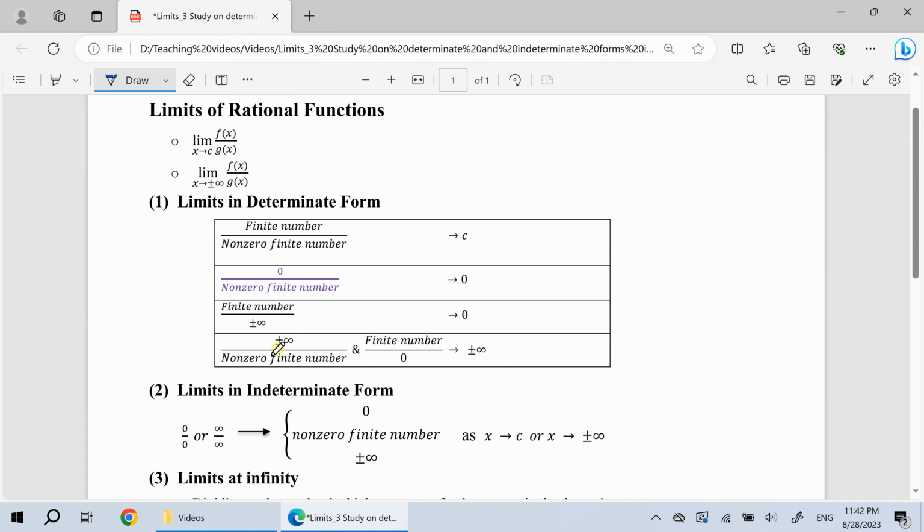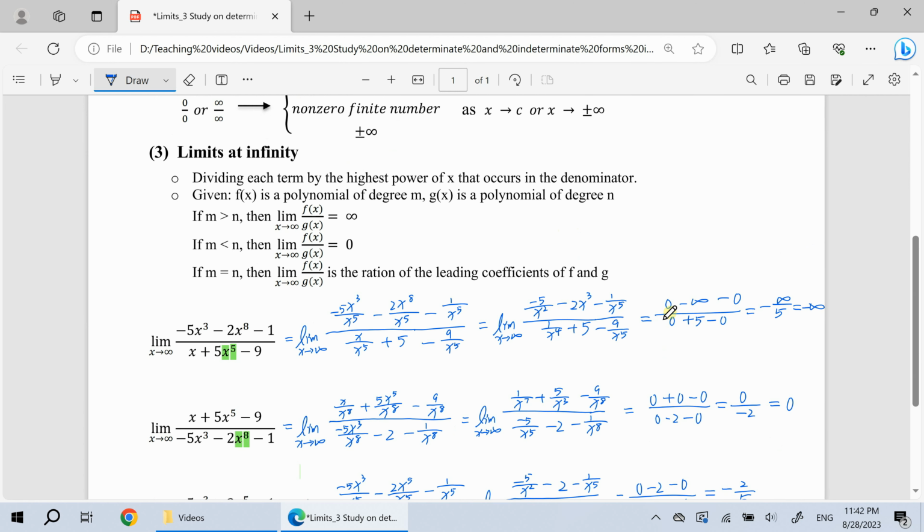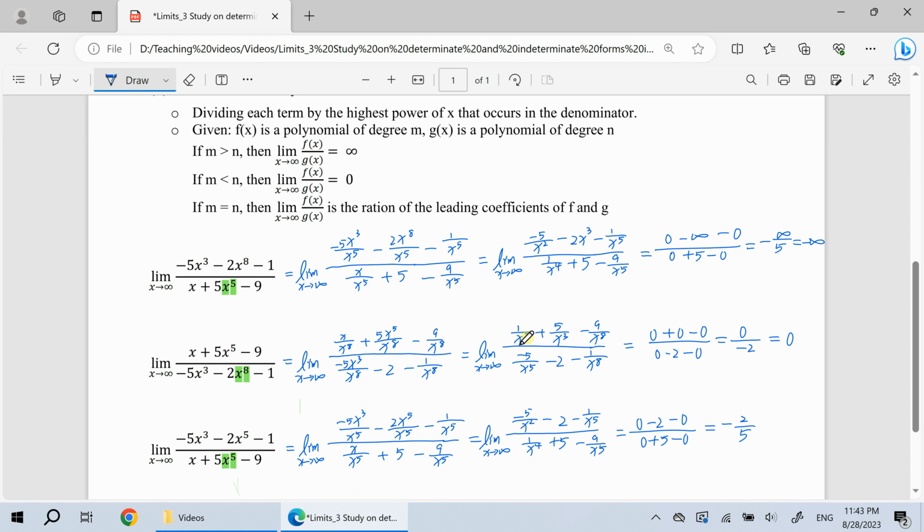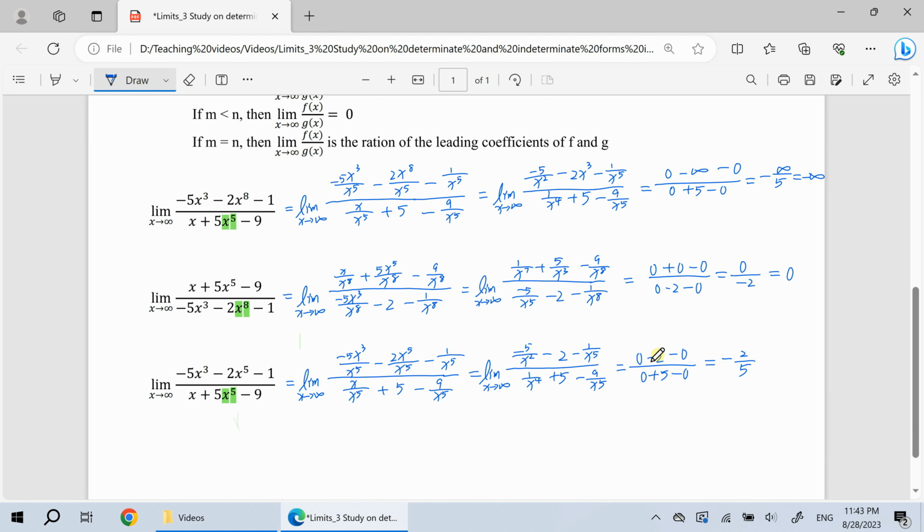Infinity over a non-zero finite number is infinity. So we get infinity over finite is infinity. But here there is a negative, so this is negative infinity. Finite over infinity is 0. 0 over finite is 0. And here is just finite over finite.